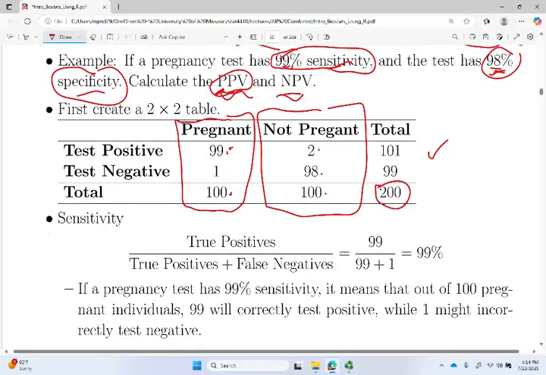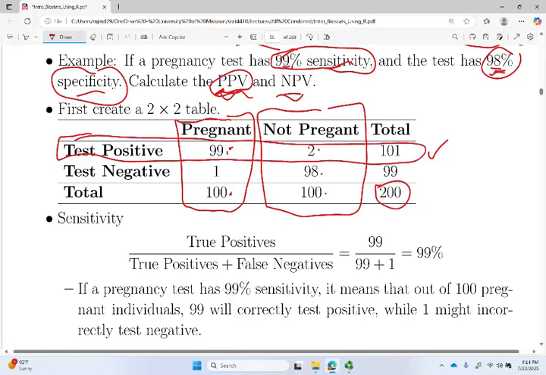Now to calculate the positive predictive value, which is this way. So it's the true positives and the false positives, which is the 101, right? And 99 were pregnant.